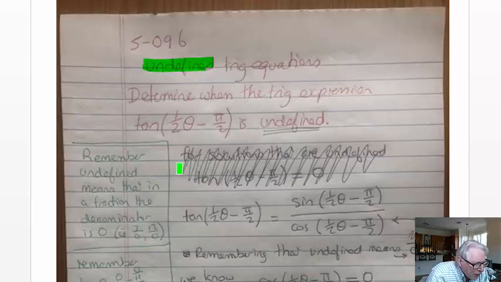Then you can see I started going off on a wrong bit, because what I said to myself was, oh, that means that tan a half theta minus pi over 2 equals 0, because there was 0 in my mind. And it doesn't. It actually means it should be infinity, or as close as you can to it. It means that the denominator equals 0. So I had to stop and go, oh, hold on.